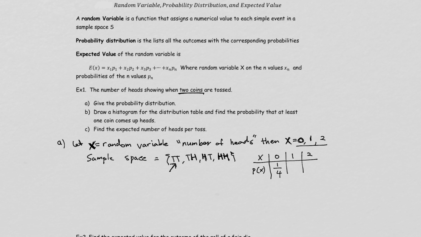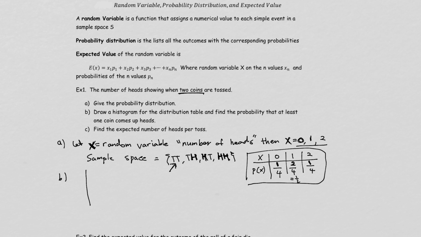Having 1 head is 2 out of 4, and you could also use 1/2. And having 2 heads is another 1/4. When you add these numbers, they should give you the total sample space. And this is what we call the probability distribution.